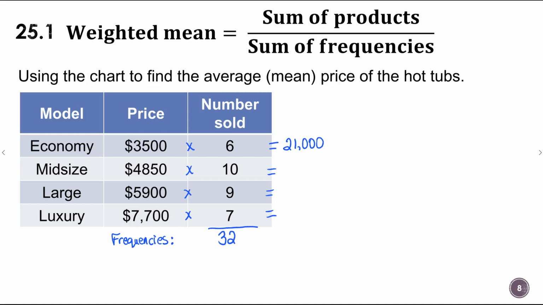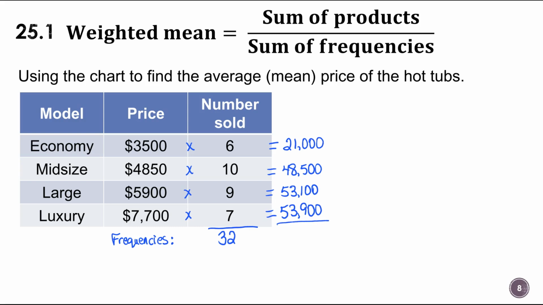That's how much was sold. This one's 48,500. I'm just doing simple multiplication for each line here. The next one is 53,100, and the last one is 53,900.